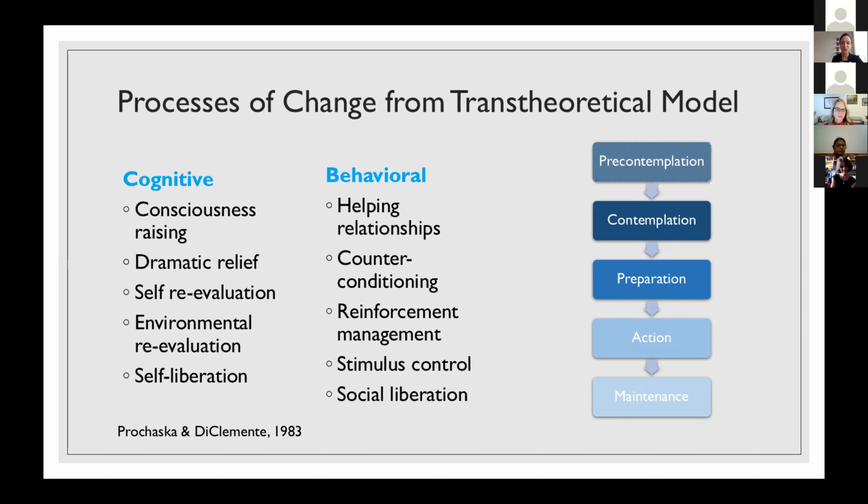Social liberation is the commitment to this new behavior change, and watching that others around you support that behavior. So this is just something that stood out for me, and I thought it would be interesting to examine and try to tease out some of the underlying mechanisms of Jana Sanskriti from a behavioral theory standpoint.